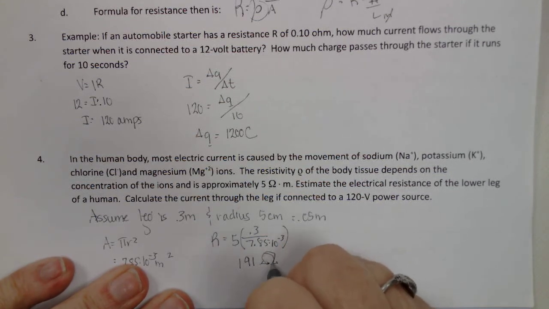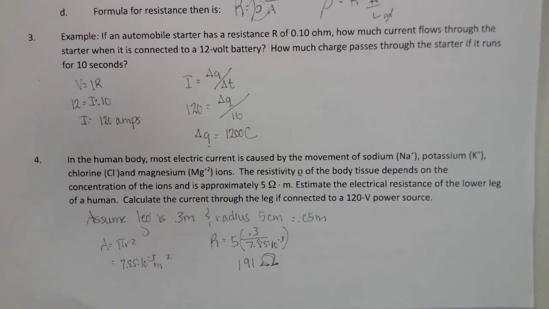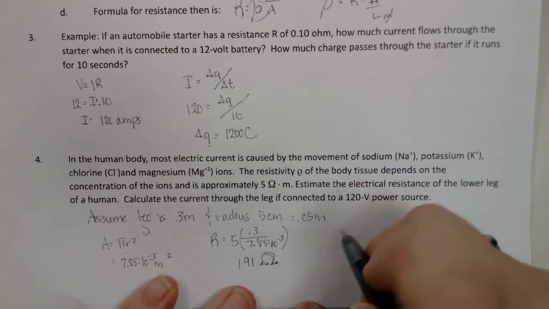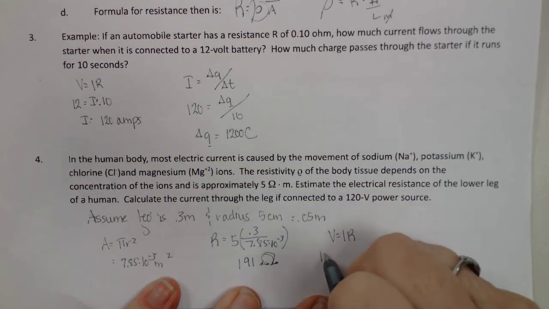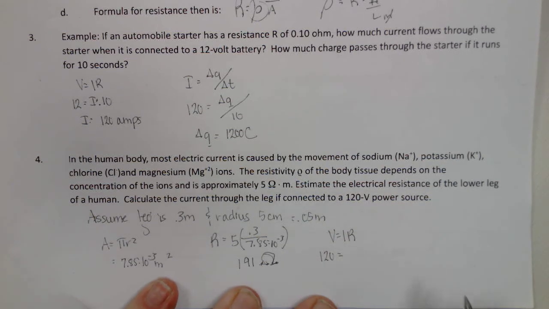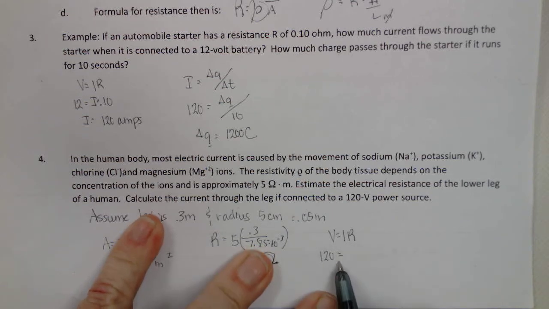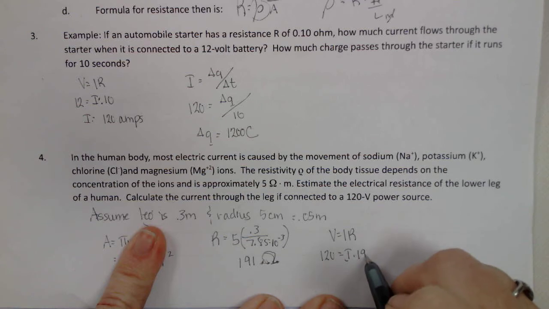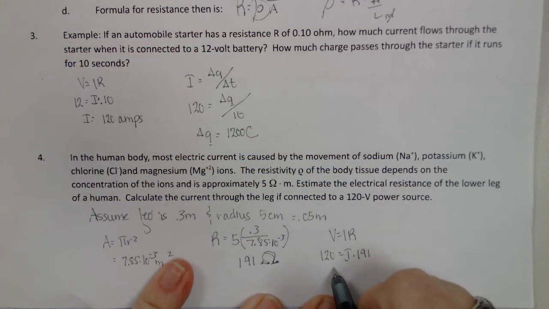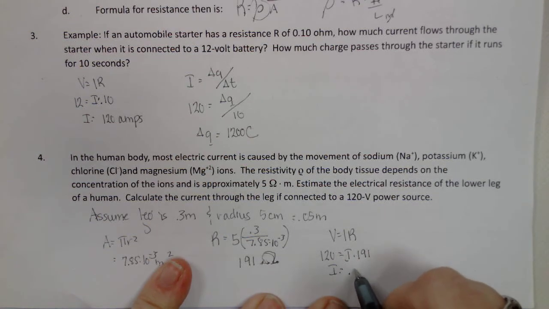I told you I really hate making this symbol. 191 ohms. Then if I throw it into V is equal to IR, I get 120 volt is equal to the current through the leg, so I need to know what I is, that's what I'm looking for, times 191. And so my current through the body is 0.628 amps.